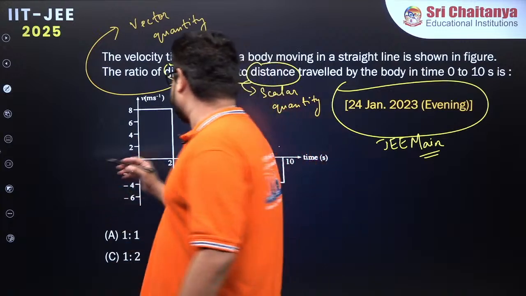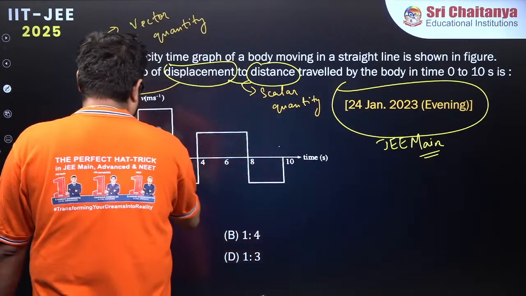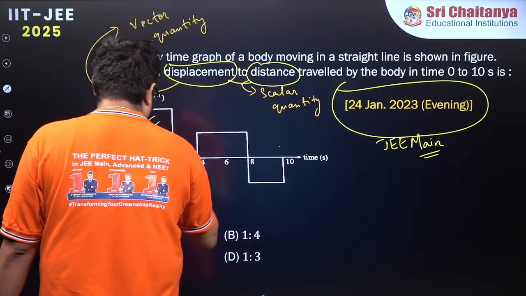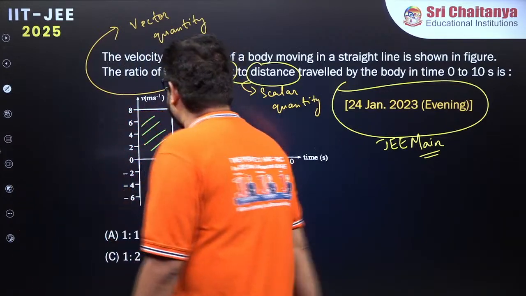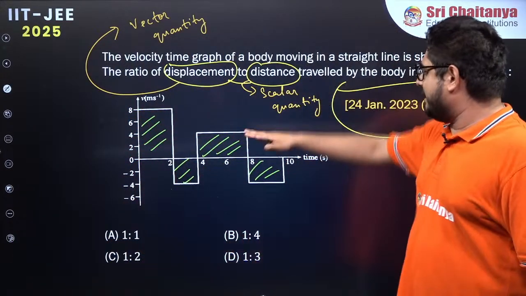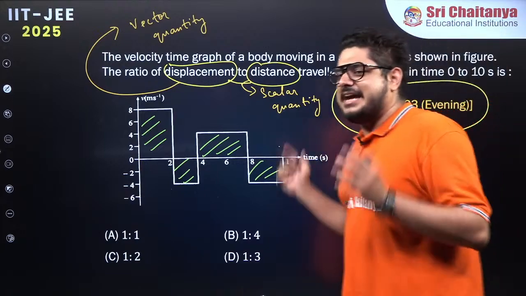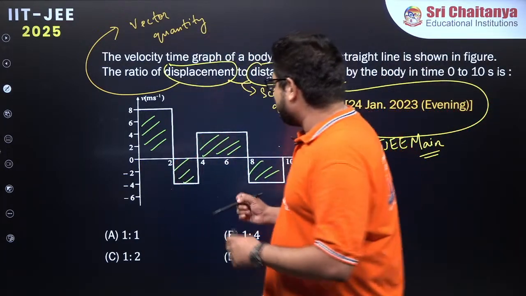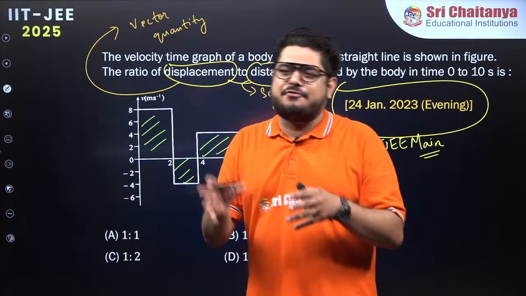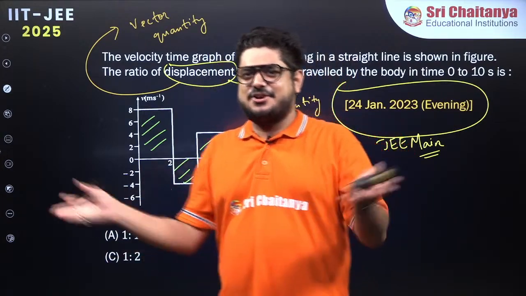So now what needs to be done over there? You can say that this shaded region, the one which I am shading in green, needs to be calculated. So what are we having? We are having sets of rectangles.